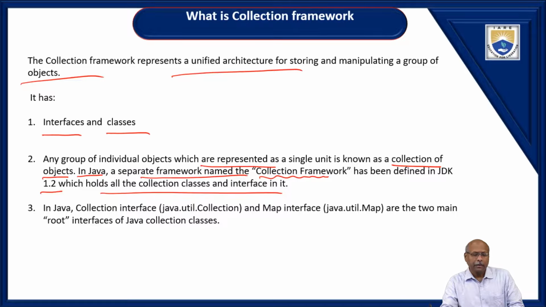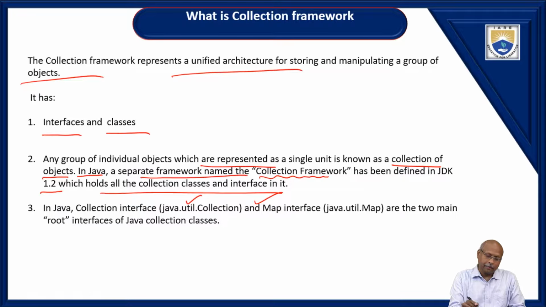So please remember, whenever you are using this collection framework, you will be using a set of classes and a set of interfaces. In Java, the collection interfaces are all available under a package called the util package. And there is one more special interface called the Map interface.